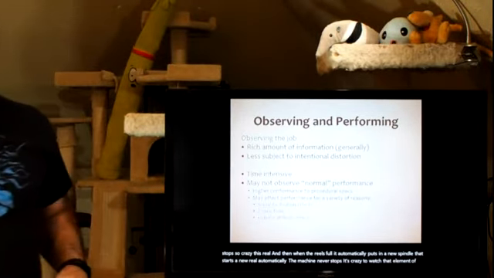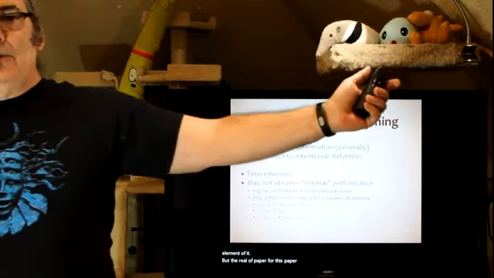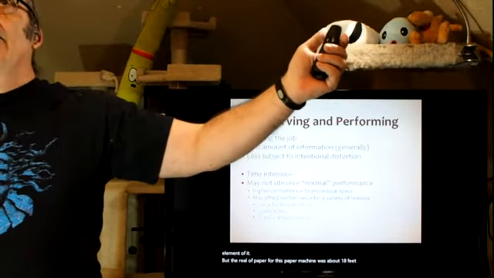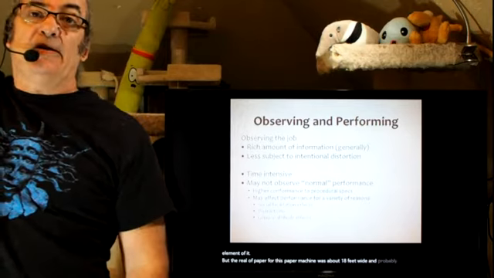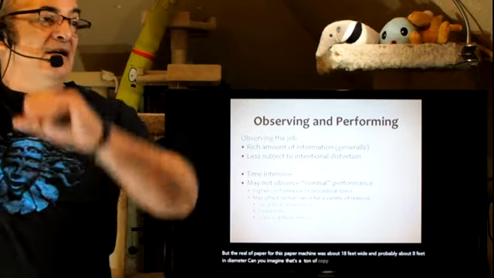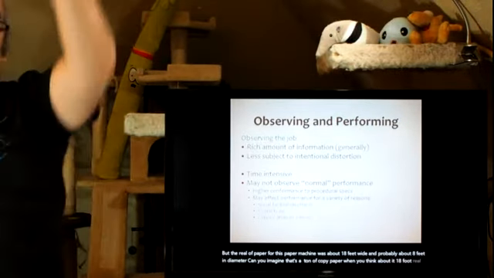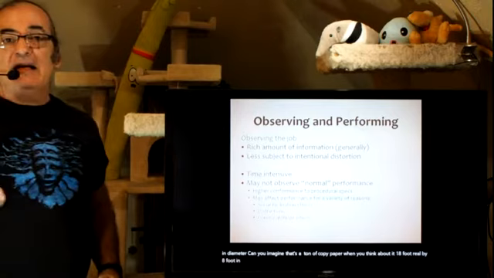But the reel of paper for this paper machine was about 18 feet wide and probably about 8 feet in diameter. Can you imagine? That's a ton of copy paper when you think about it. 18-foot reel by 8 foot in diameter, right? Well, you can't even get it out of the building like that.